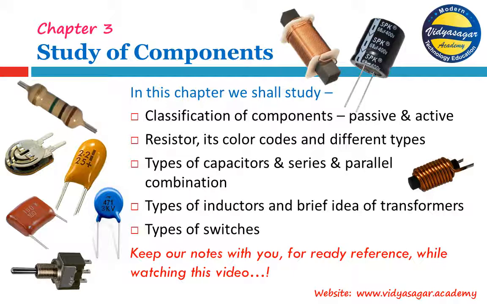Then we shall see the inductors and briefly understand the basic idea regarding transformers. We have already seen about the transformer in our first lecture related to half wave rectifier, full wave rectifier and bridge rectifier topics. Then we shall have a brief idea about different types of switches.